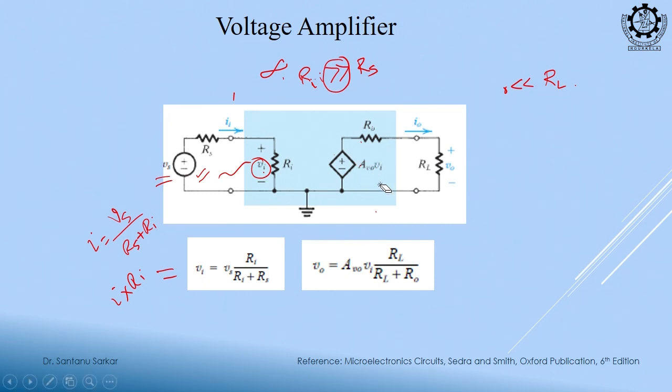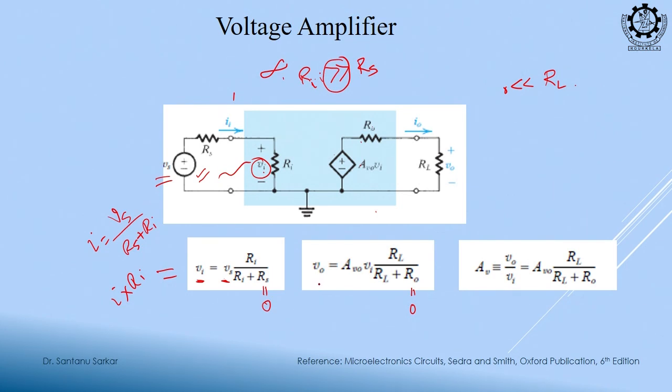Okay. So similarly, you can calculate this, right. V0 is equal to what? All right. And you again have a relationship between this R0 and RL, and you know how to calculate that. From this relationship, what is actually required, those relationships will come up. For example, if you want Vi to be as close to Vs, what can you do? You can make this equal to 0, it will become 1, right. If you want to make this as high as possible, what will you be doing?